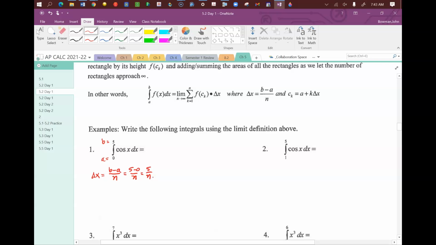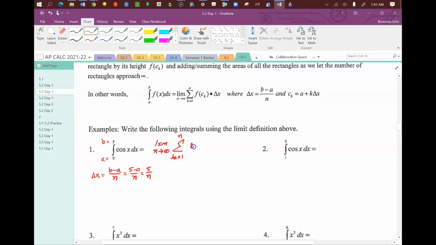Our limit notation: the limit as n, the number of rectangles, approaches infinity. We could say delta x approaches 0, but we're going to use this approach. The summation, our index k equals 1, so the first value, to n, so we approach an infinite number of values.